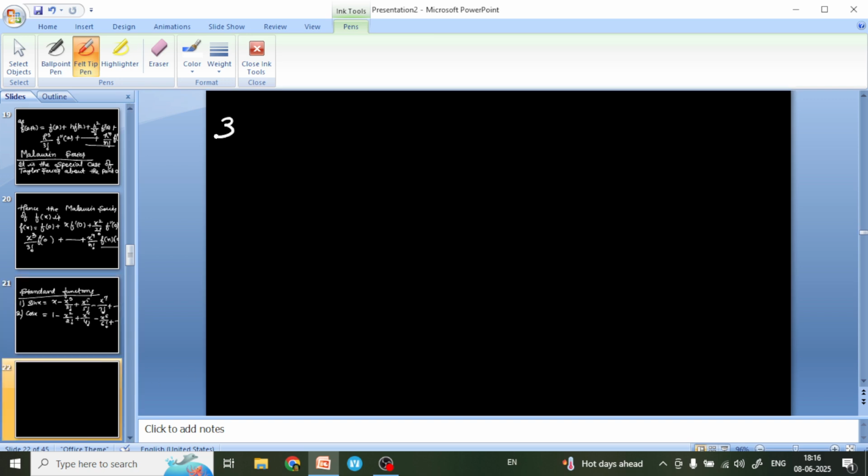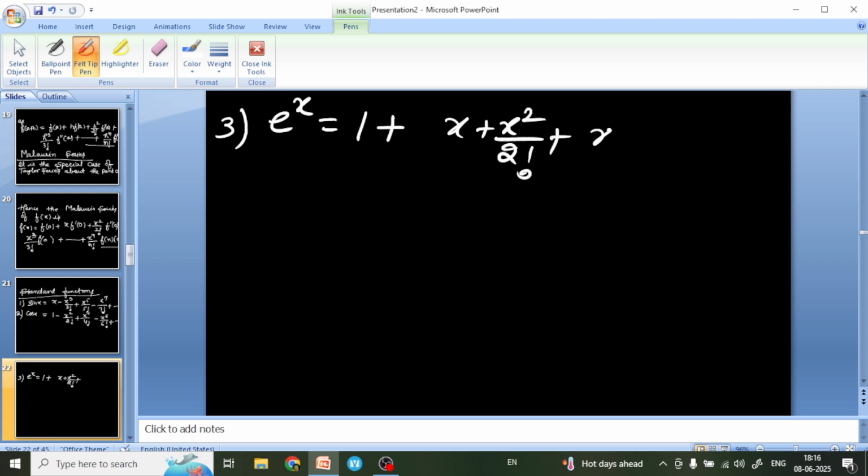Now third standard function is e raised to power x, that should be equal to 1 plus x plus x raised to power 2 over 2 factorial plus x raised to power 3 over 3 factorial plus x raised to power 4 over 4 factorial and so on.